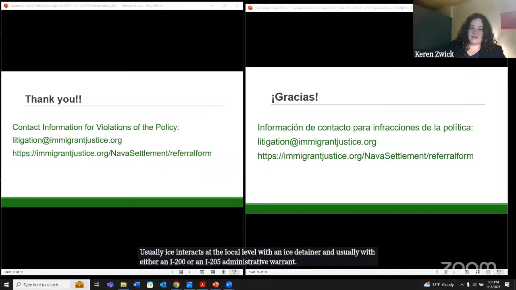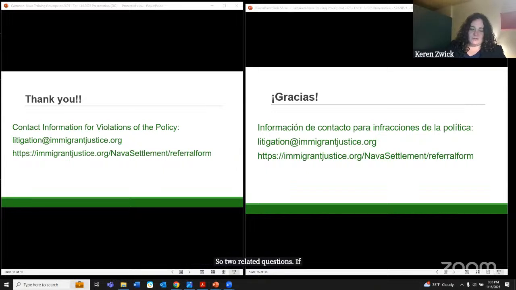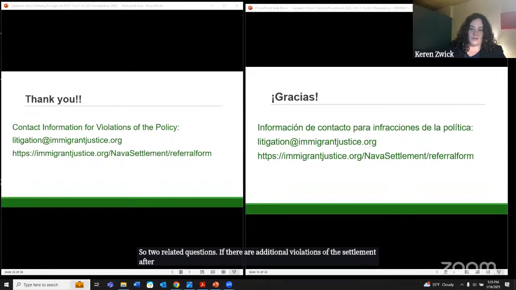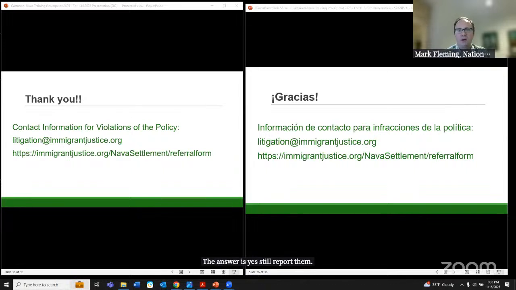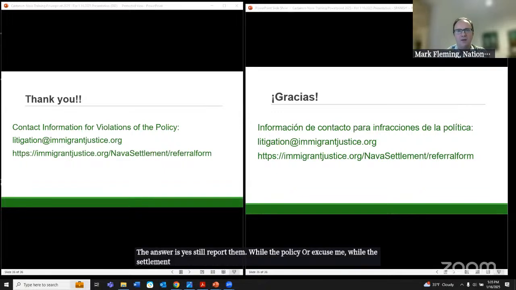So two related questions. If there are additional violations of the settlement after May of 2025, is there a way to extend the settlement, or will new litigation be required? And if we identify violations after the settlement is over, should we still report them? The answer is yes, still report them. While the settlement expires, there are good arguments to say that the policy should continue beyond it, because again, it states that it is a statement of the law.